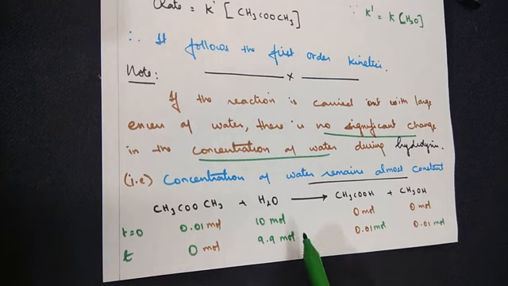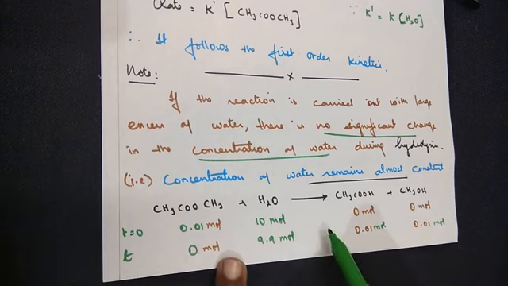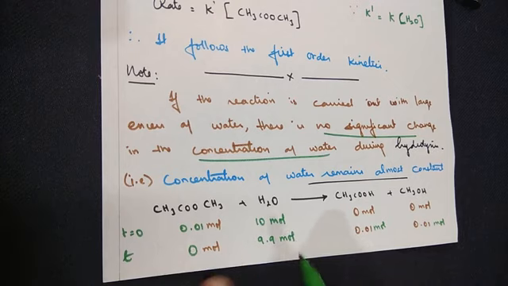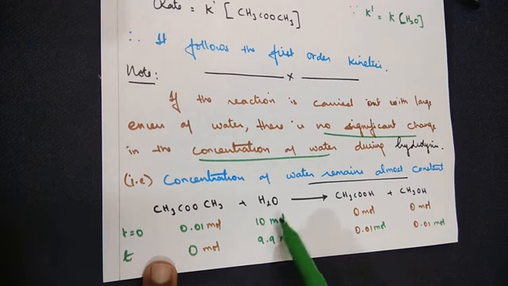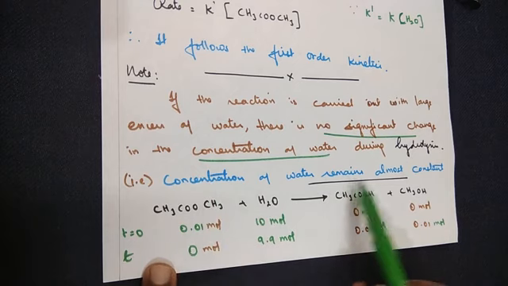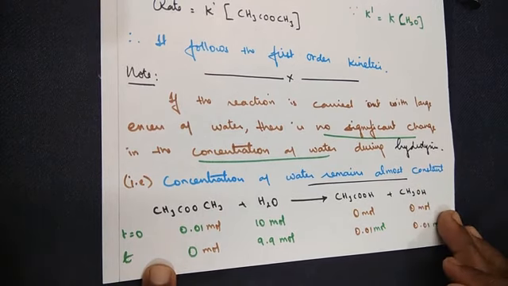Changes have taken place, we agree, but they are insignificant. Adding one tumbler of water to a full tank does not make a big change, but adding that tumbler of water to the sambar makes a big change. So in terms of the ester's concentration, the decrease from 0.01 to 0 mole is a significant change. In terms of water, that 0.1 mole decrease does not make a big change. That's the meaning of the concentration of water remaining almost constant.